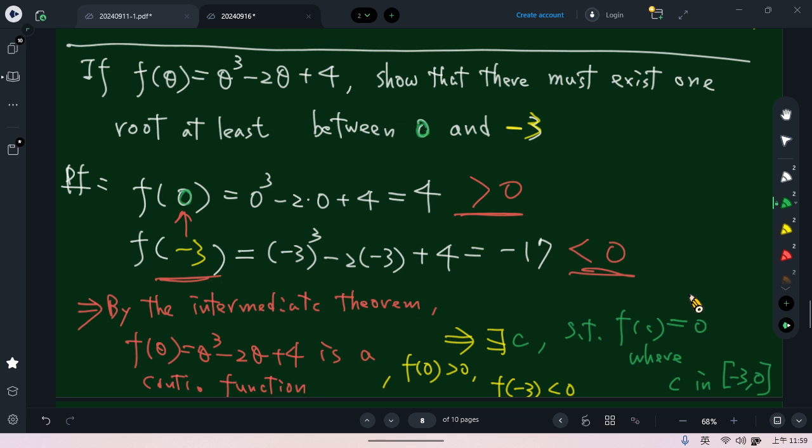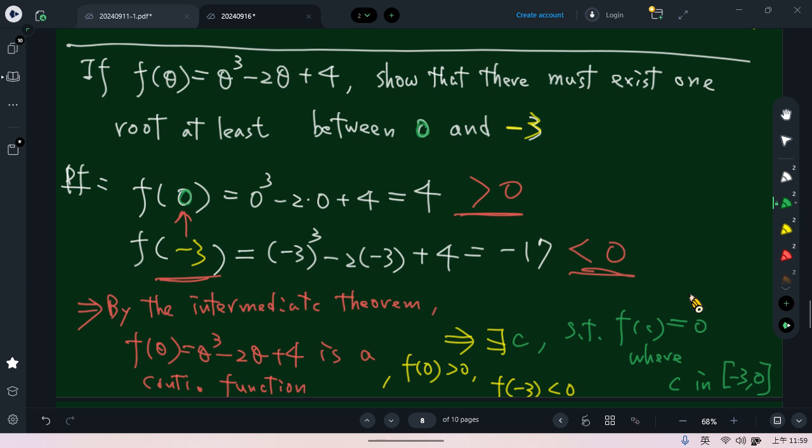But we still don't know which one is the root, but at least we know some c in the domain -3 to 0. At least we can find one which function value will be 0. That will be the root, right?